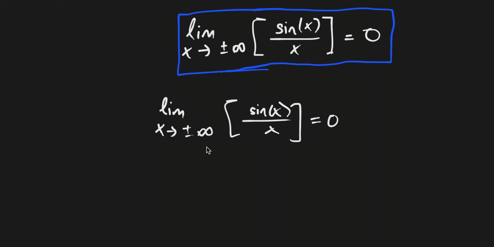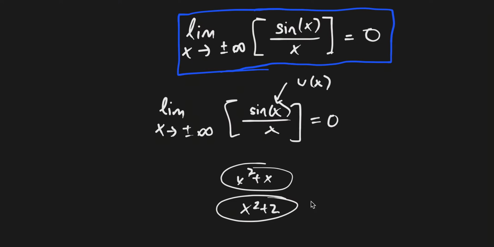But last time we discussed how the thing inside here can be u of x, and the thing with u of x is that it has to be a function where each of the terms needs to have x in them. So for example, x squared plus x would be valid. But if we had something like x squared plus 2, this would not be valid for the property there.